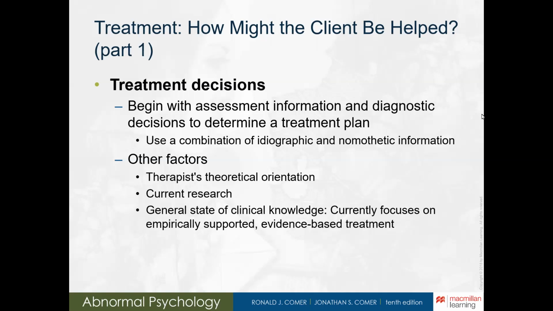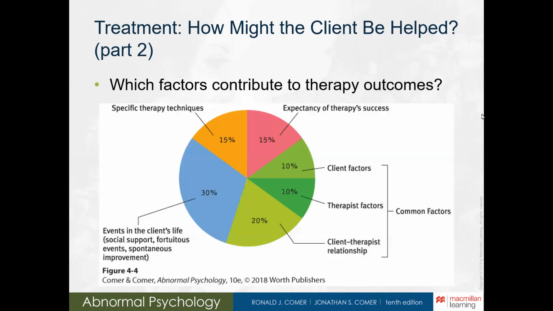Because without this information, there's not going to be any progress in their treatment. You also need to include other things like what does the current research say is helpful for treatment? What is the therapist's theoretical orientation? And looking at empirically supported and evidence based treatment options, as well as complementary and alternative options.